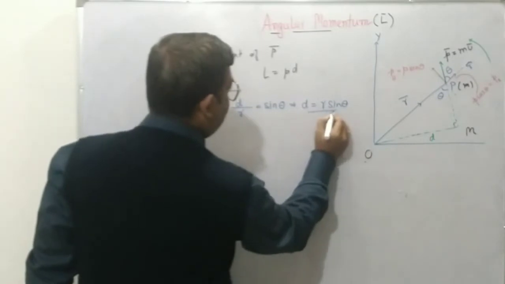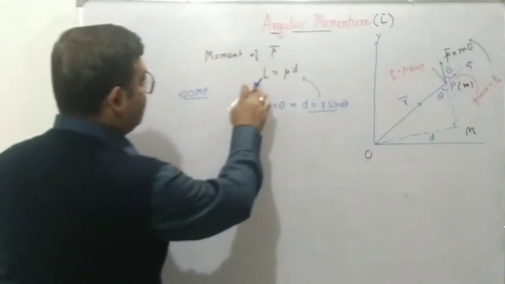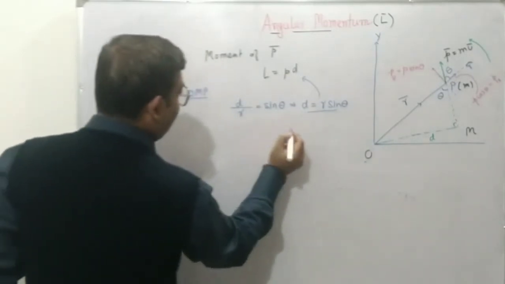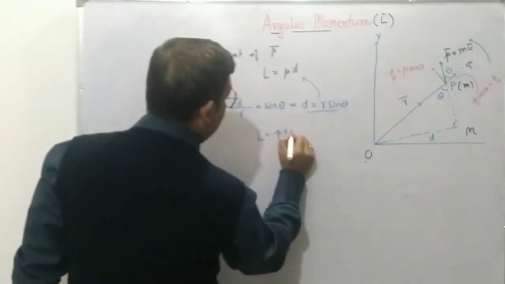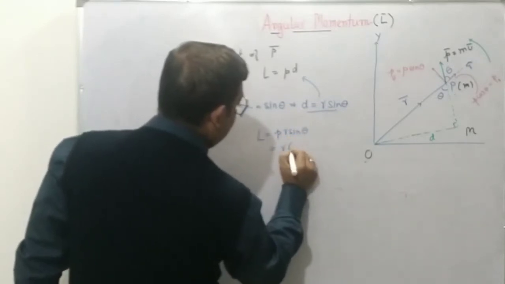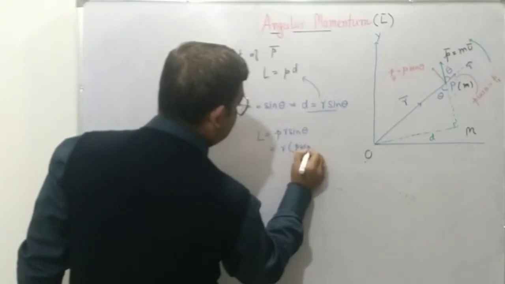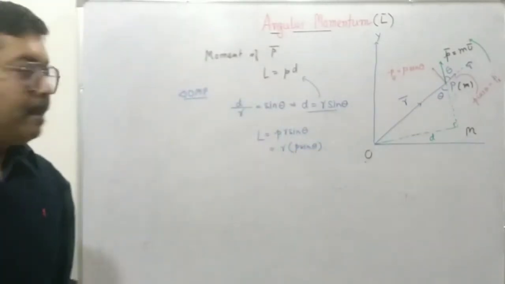If we substitute this value of d into the equation of angular momentum, that is the moment of linear momentum, what we will get is L equal to p r sin theta, or we can also say r into p sin theta.